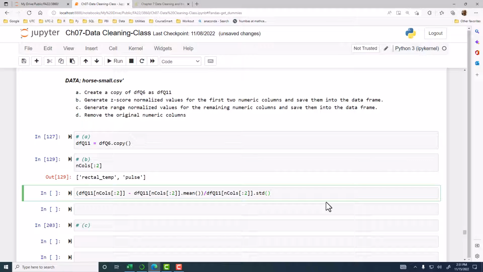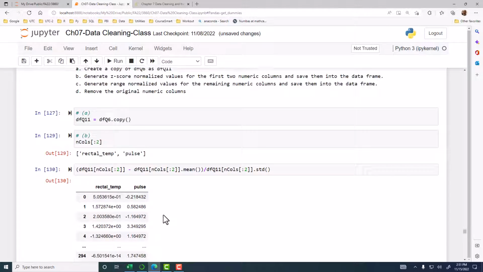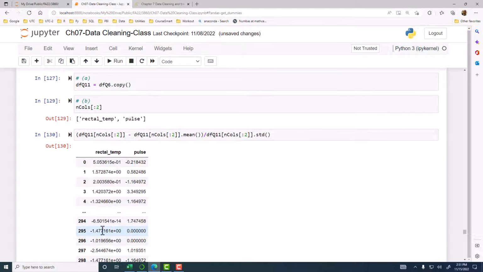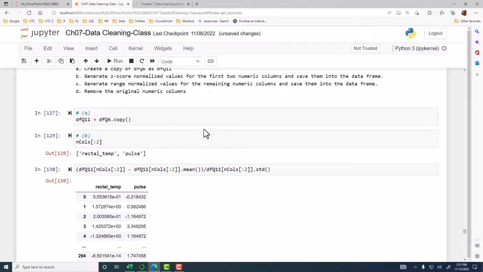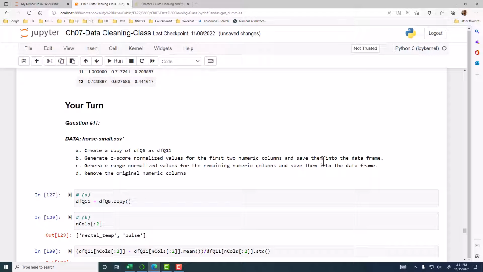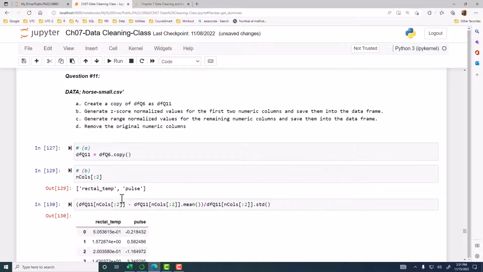Okay, let's see whether that runs. Looks like that's good. So we have converted these two into z-scores. But we want to put that back into our data frame. So that's what the question is about. We want to put it back in.